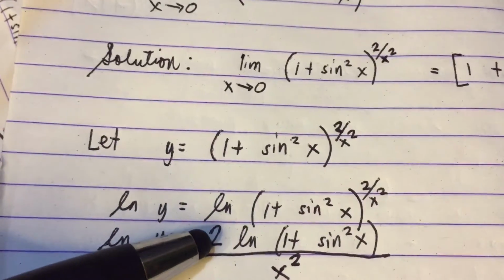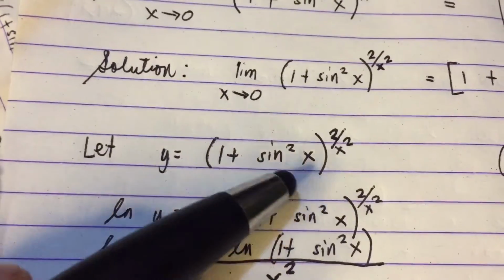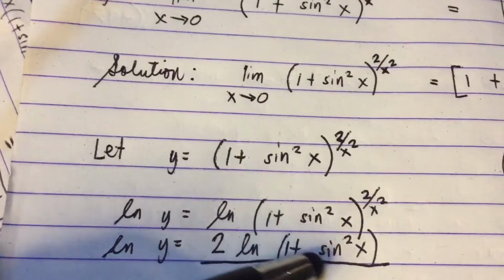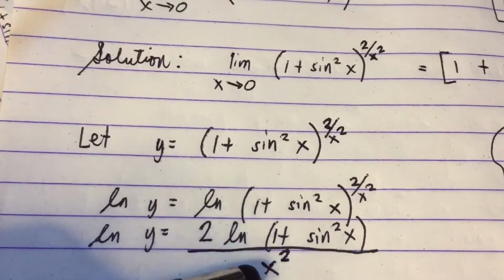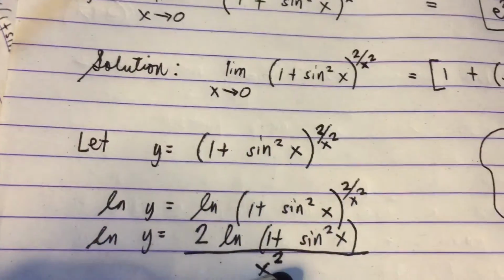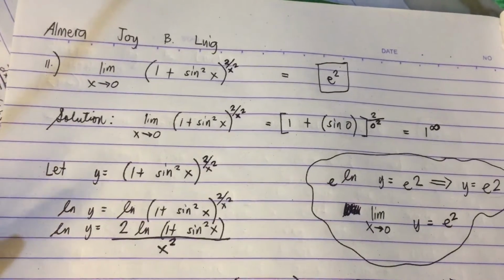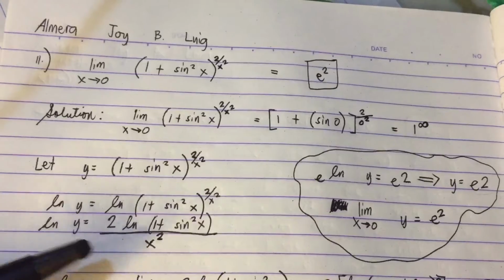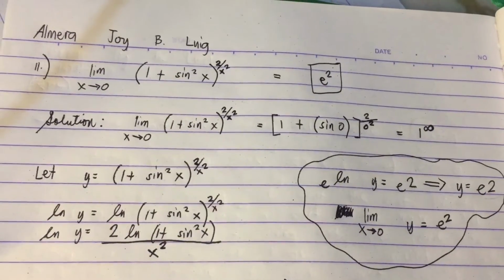We bring that down here so that we have 2 ln times, copy this, 1 plus sine squared x over x squared. Where do we get x squared? It's from there. We bring it over here.